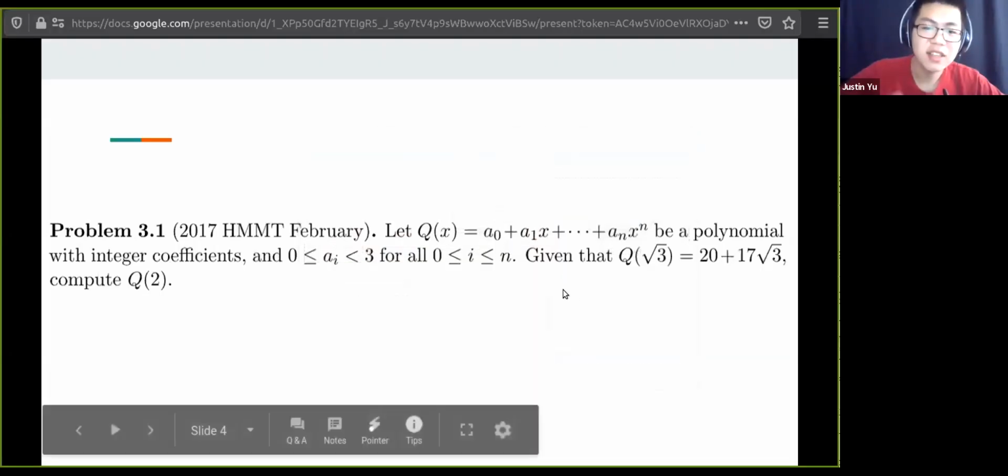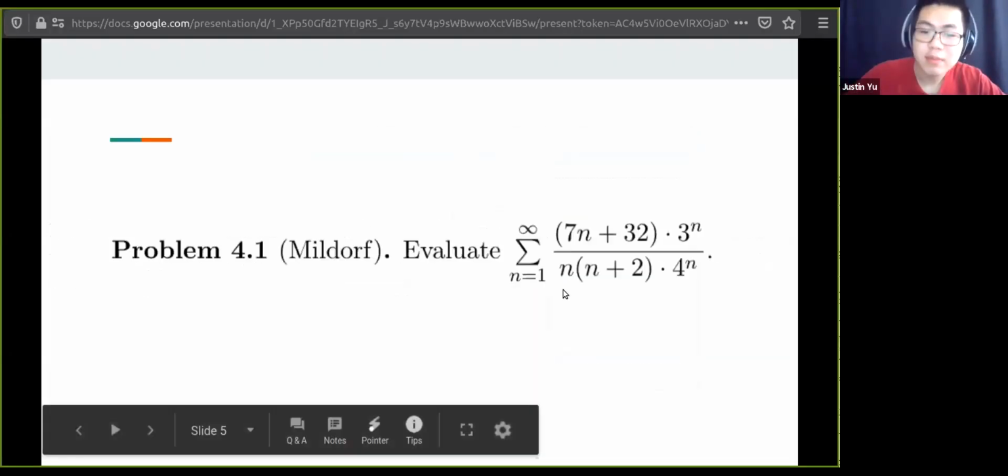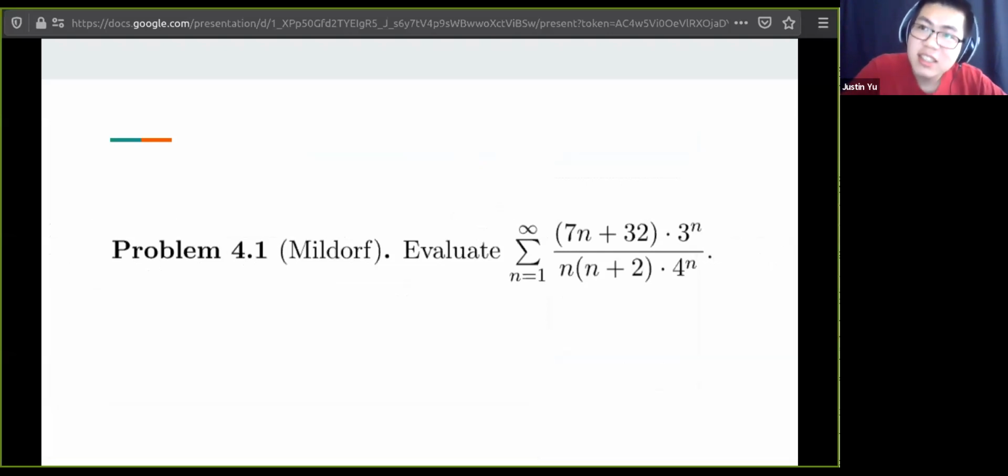Sequences and series. So stare at this, think about what we're going to do. What is Mildorf?